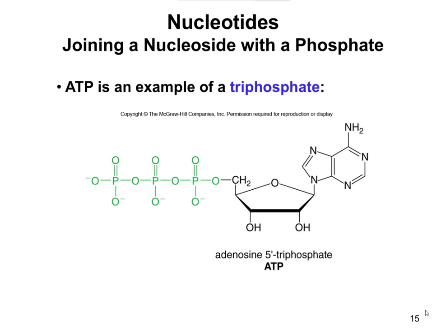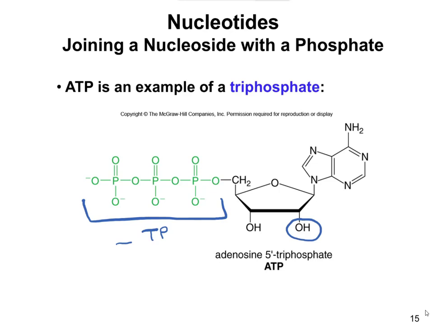And again, if I were to show you this structure on an exam, I wouldn't expect you to be able to name it as ATP necessarily. What I would expect you to pull out is that, one, there are three phosphates, so you should know that it's going to be something TP. You should be able to notice that there's an OH there, so it can either be dATP or regular ATP.